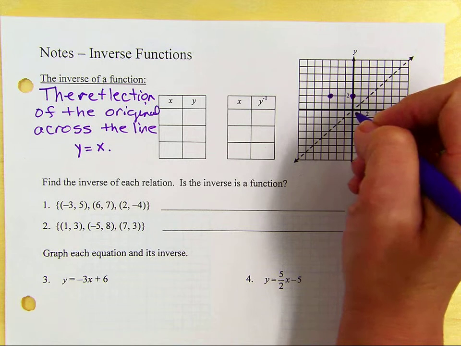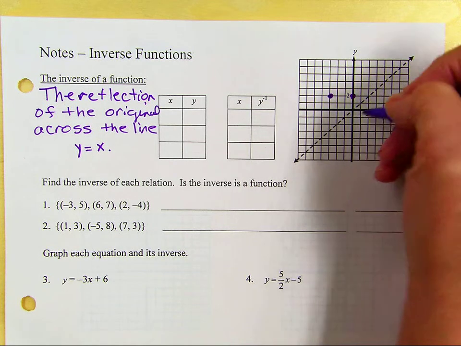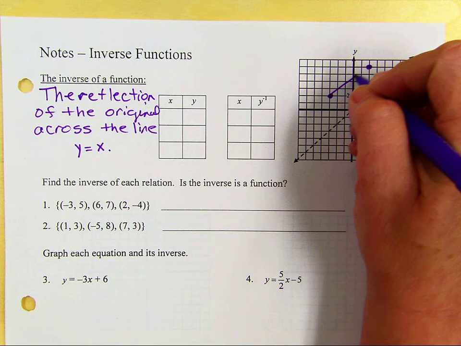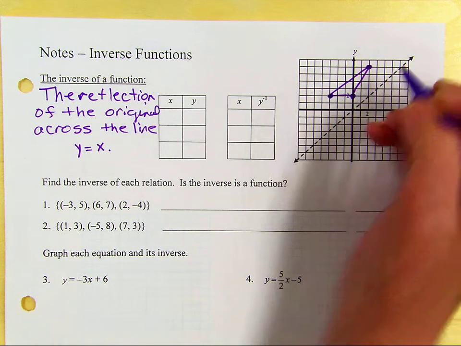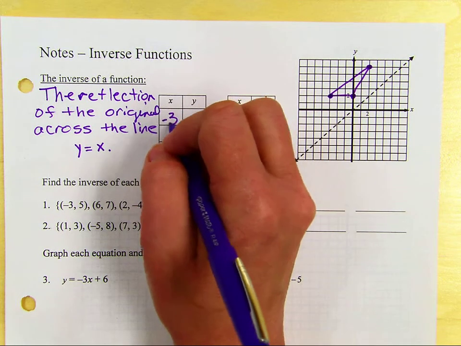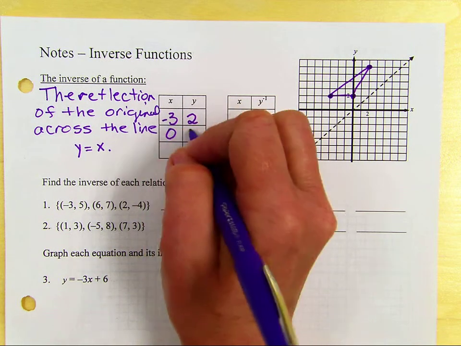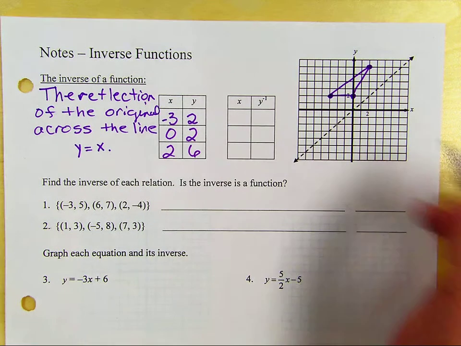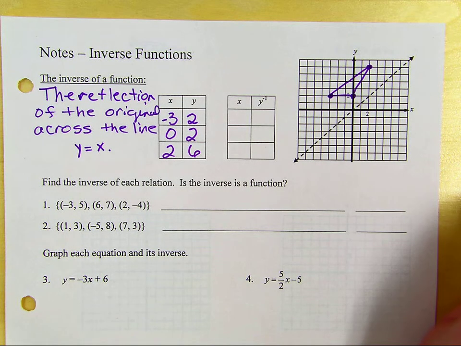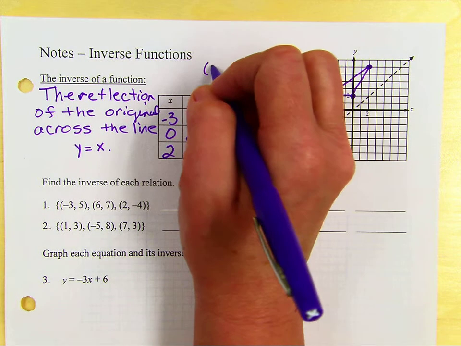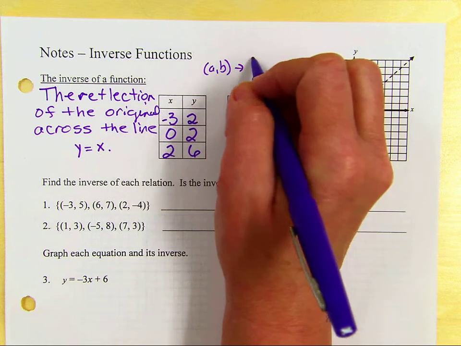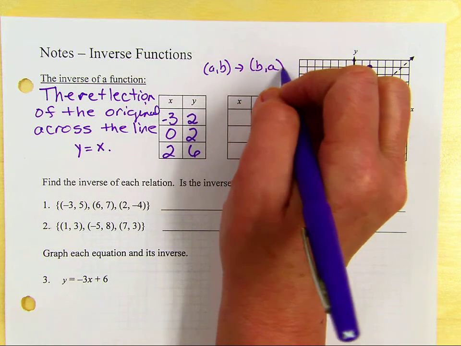So in geometry, maybe you had a triangle. We're going to put the vertices, which were (-3, 2), (0, 2), and (2, 6). When you reflected across the line y equals x, you had a rule that the x and y were going to trade places.